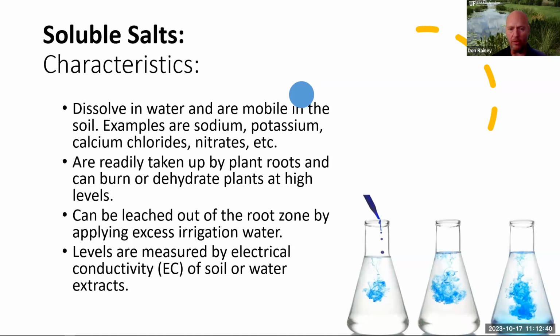They're very mobile at that point. And just some examples: sodium, potassium, calcium chlorides, nitrates, those are all soluble, and they can move within our water profiles. They're also readily taken up by plant roots.